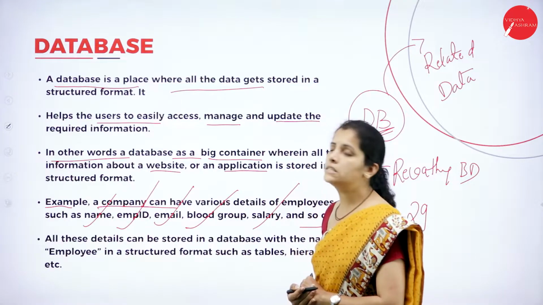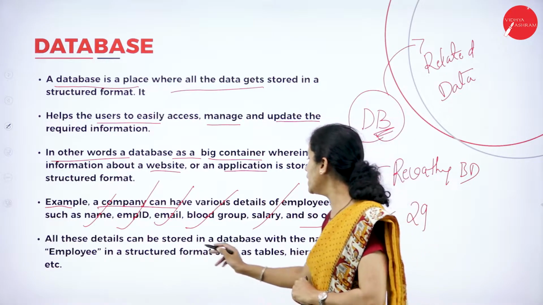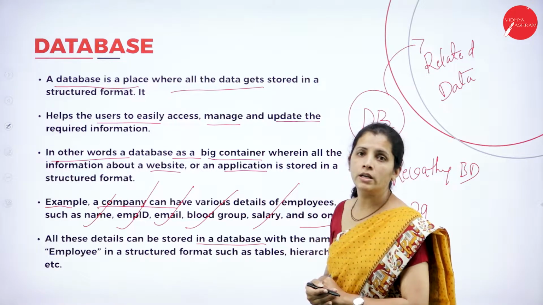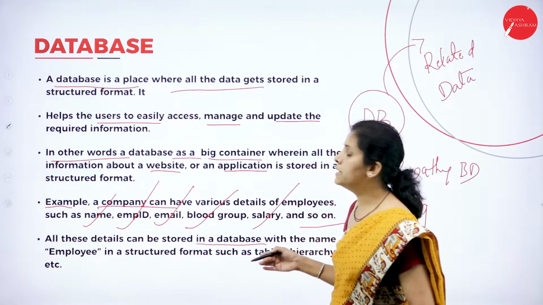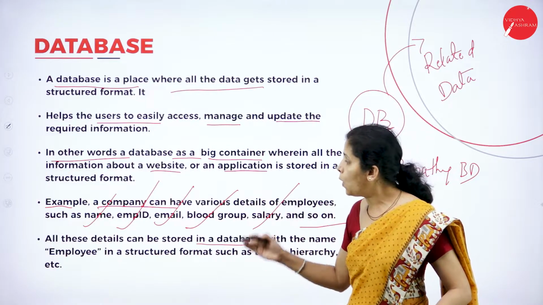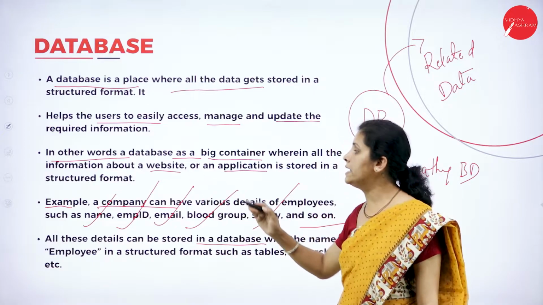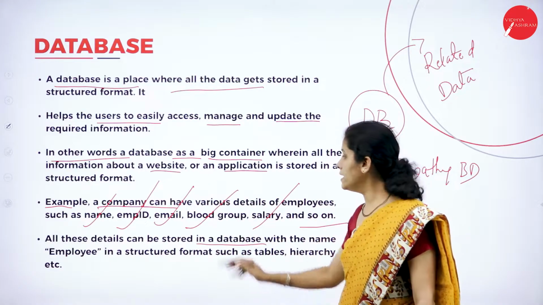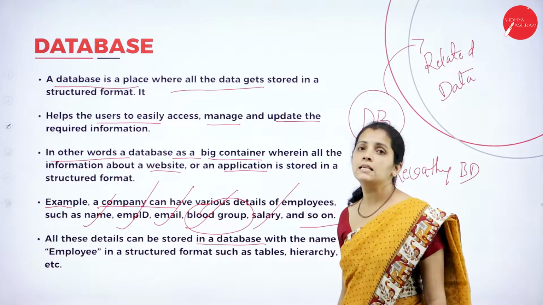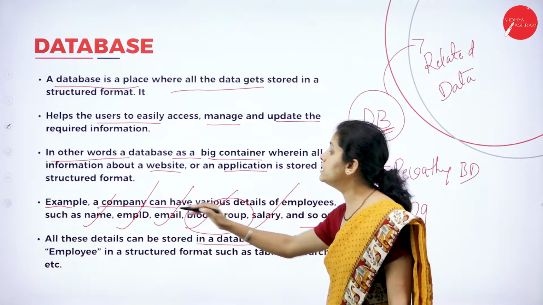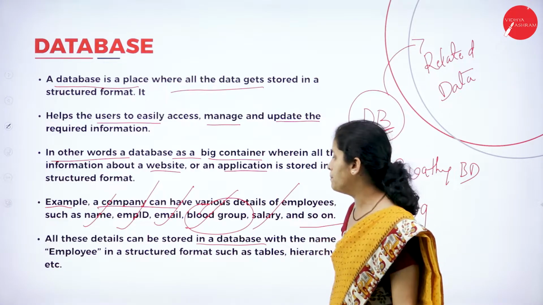All these details are stored in a database with the name employee. That means I'm going to store all the information like name, email ID, employee ID, blood group, as well as salary in my database with the database name employee.